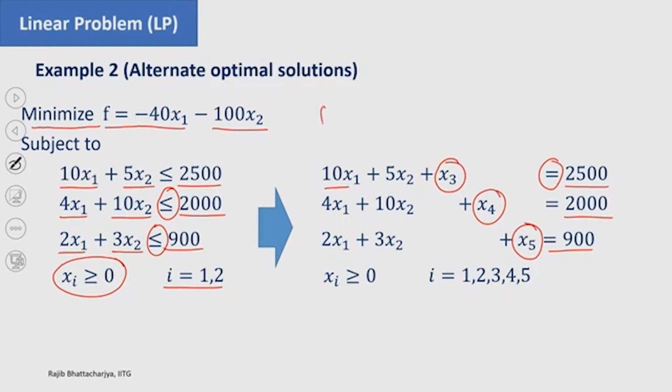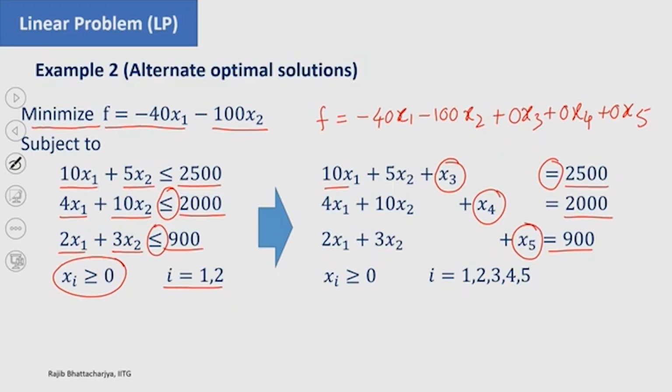So, I can write the objective function here. This is minus 40 x 1 minus 100 x 2 plus 0 x 3 plus 0 x 4 plus 0 x 5. Now, what is the initial basic feasible solution?